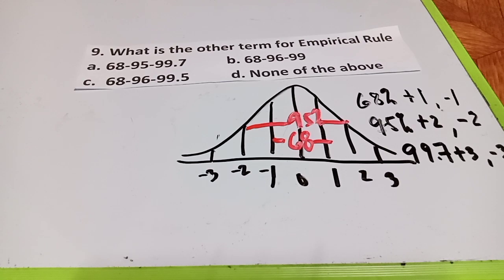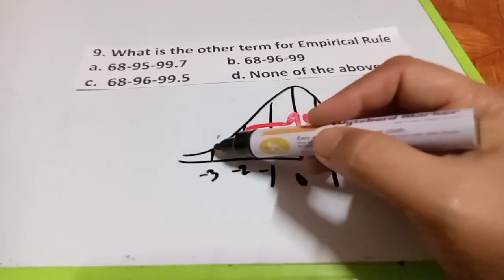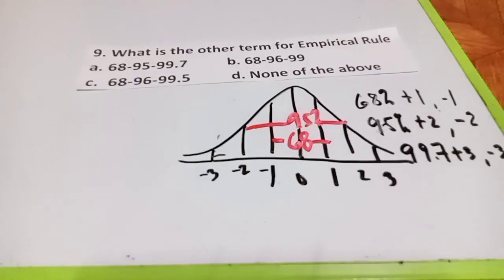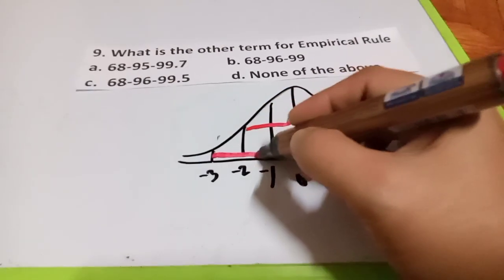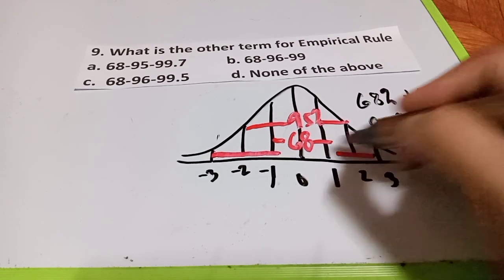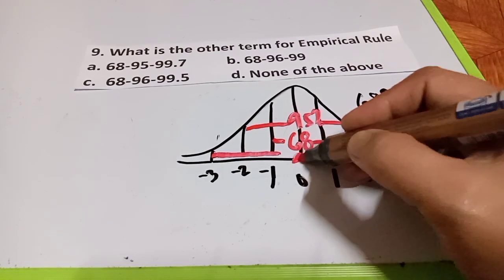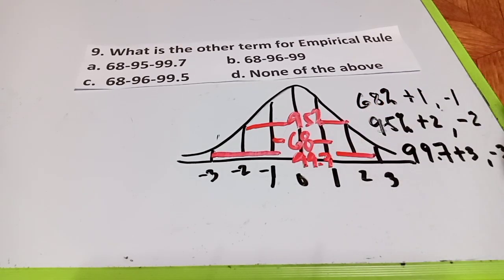So if we take the red one, this area is what you call the 99.7. Take note, the empirical rule is what you call the 68, 95, and 99.7, by the Gaussian method. So that is another term for empirical rule.